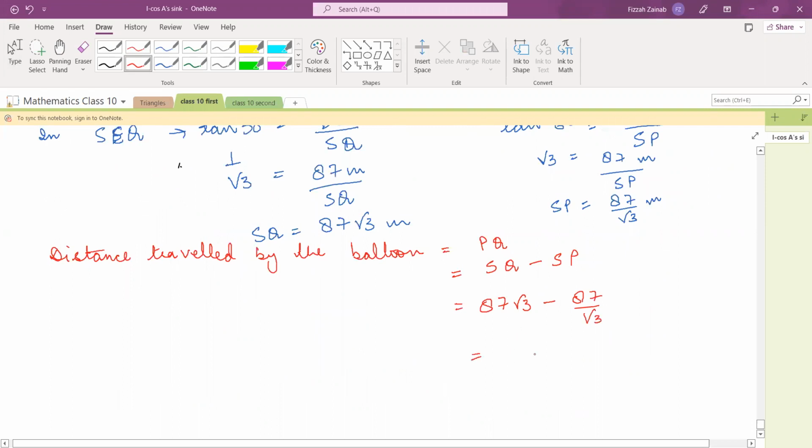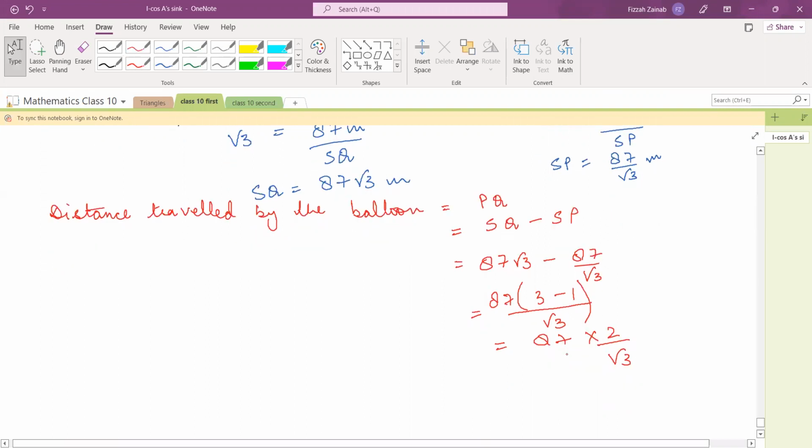So take LCM, right? Take 87 outside and then take LCM. So it will be root 3 into root 3, 3, and then minus 1, correct? So 87 into 2 divided by under root 3. Now you rationalize because you have under root 3 in the denominator.